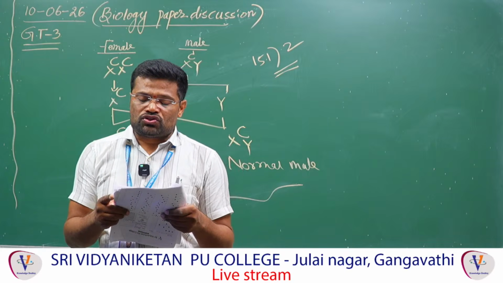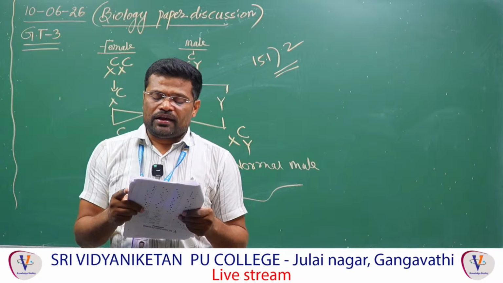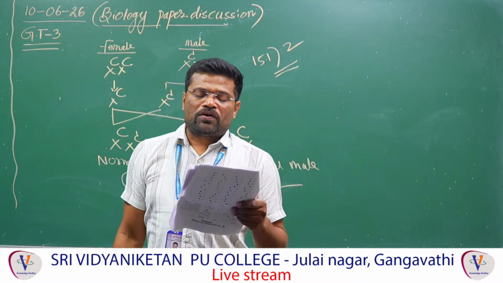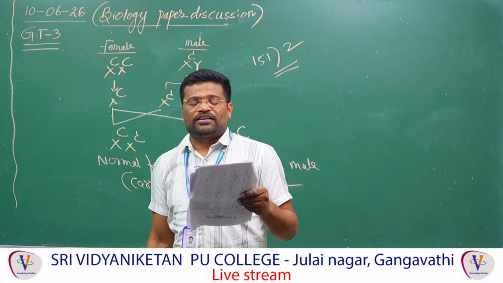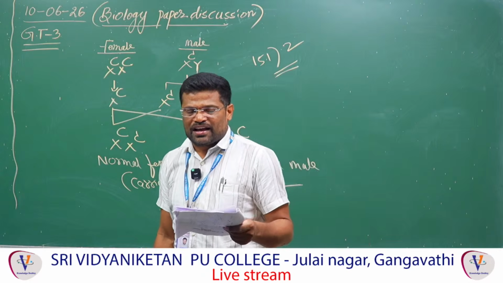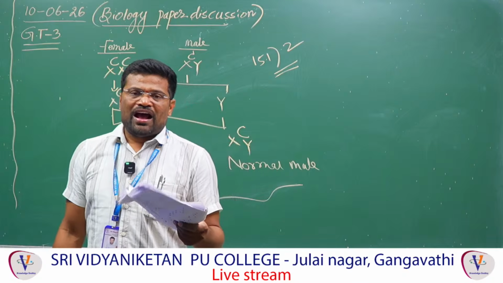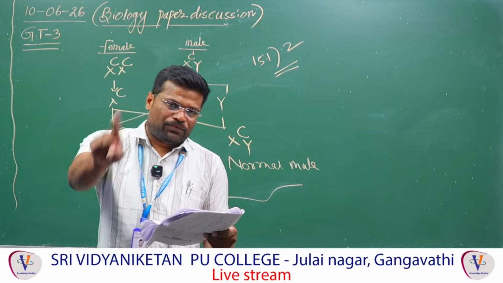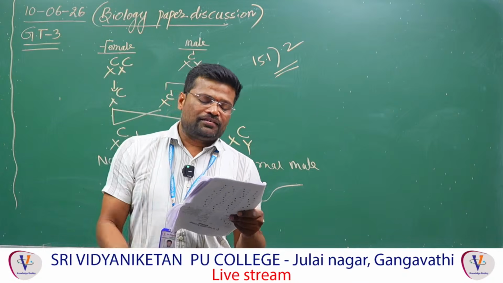154. Again, choose true or false statements. A. India shows greater ecological diversity than Norway. India shows greater ecological diversity than Norway, a Scandinavian country, is absolutely correct. A is true.